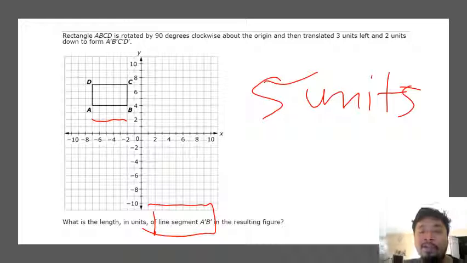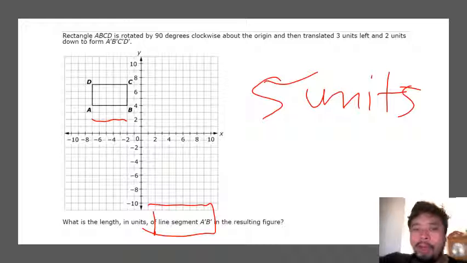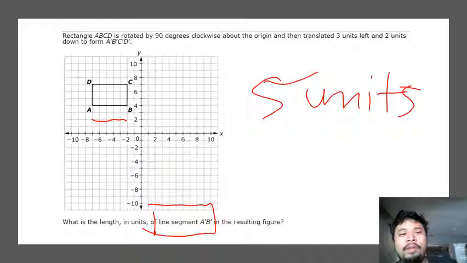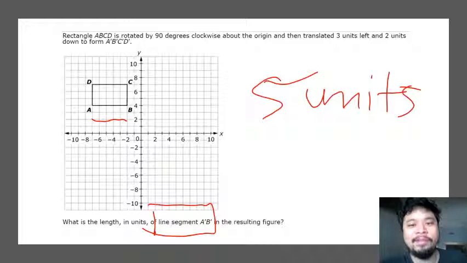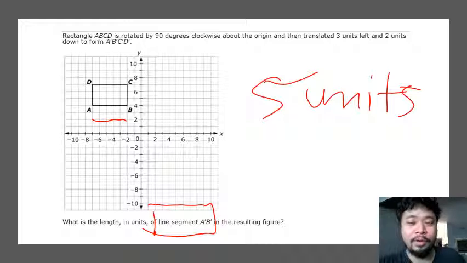That 5-unit length is not going to change no matter how I translate it around the map here. So keep in mind that before you start moving that around and drawing a brand new rectangle, answer the question. So big piece of advice here: read your way through the question first and answer what it's trying to ask. So there you go, number 12 done.